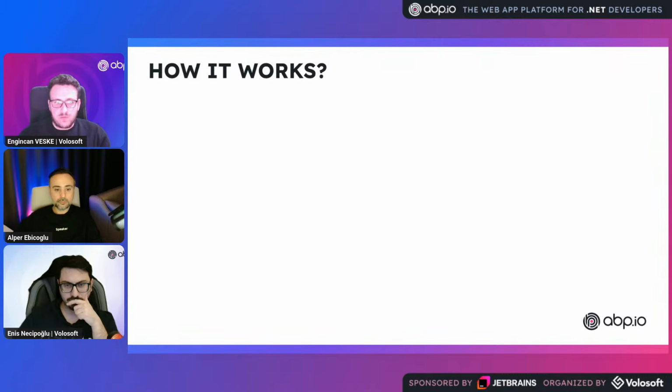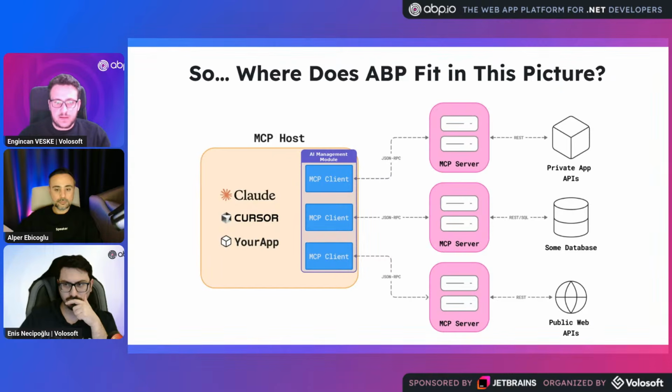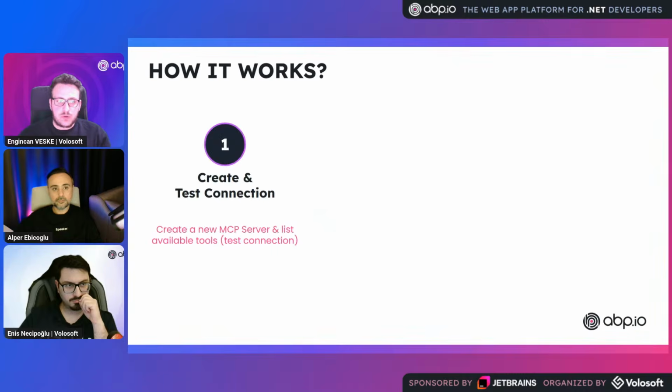And if we look at how it works, as I've said, the AI Management module kicks in on the MCP client side. So the only thing you need to do is create a new MCP client, which is the connection point with the related MCP server, like defining which HTTP endpoint you need to use, or you can use Studio to use some npm tool to connect with the external tools.